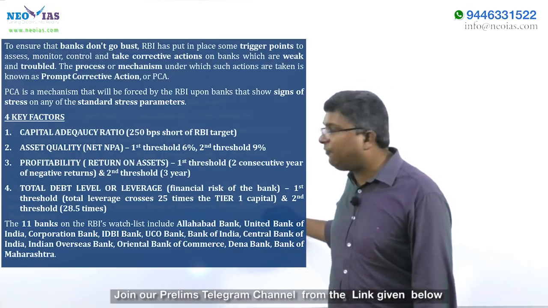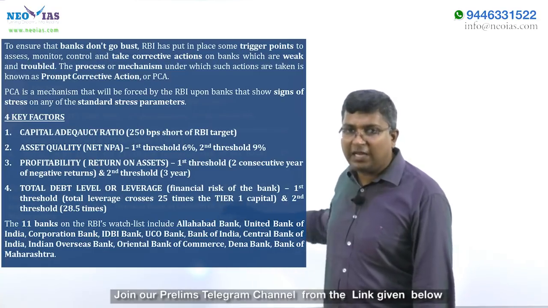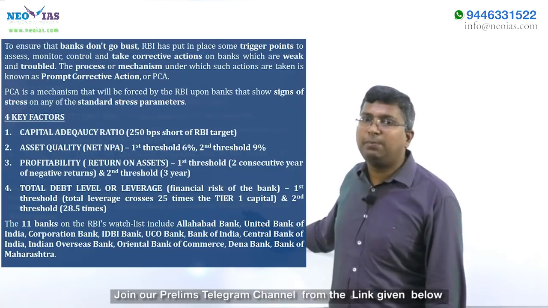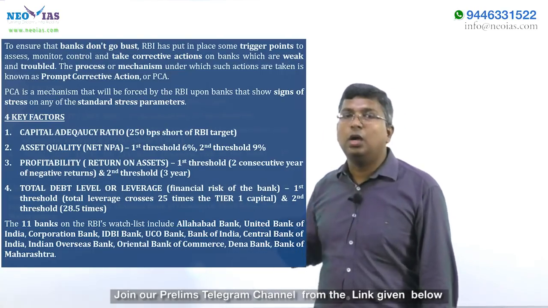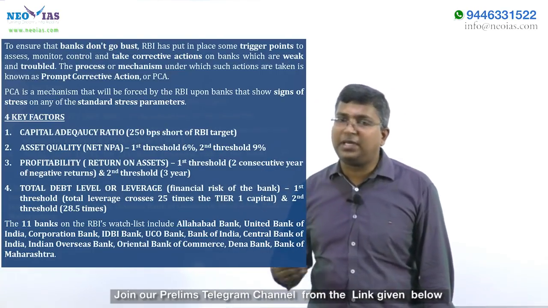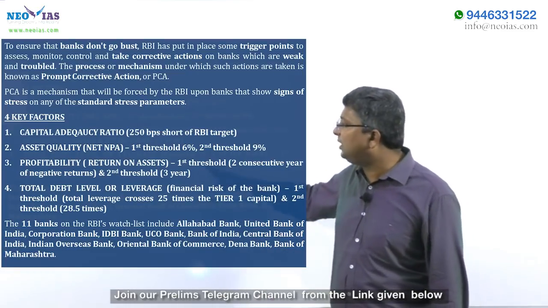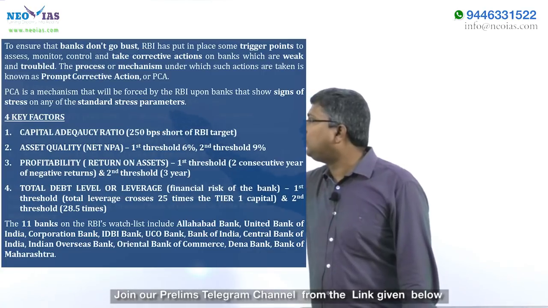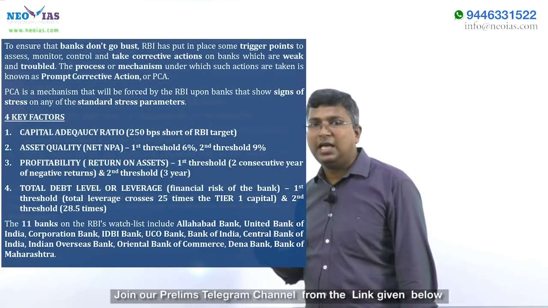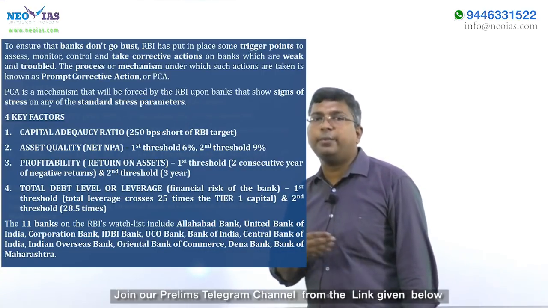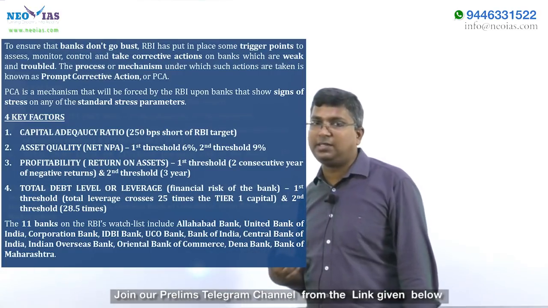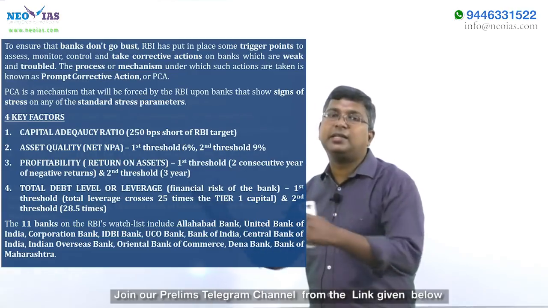Since all 11 banks are public sector banks, the finance minister recently said the government will support them, not only with infusion of capital but other support. To address this major problem of lower capital because of net non-performing assets and lower return on assets, the government recently announced bank recapitalization to boost the capital of public sector banks. So you need to link all these concepts.